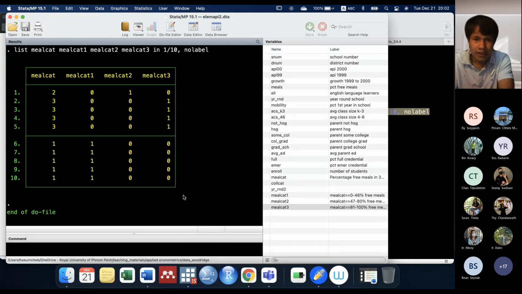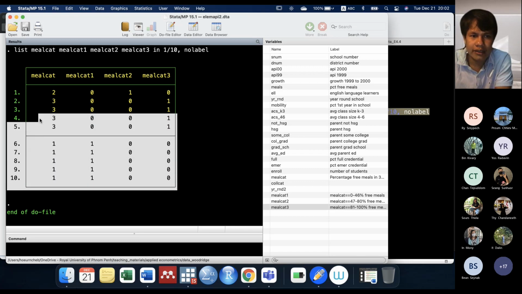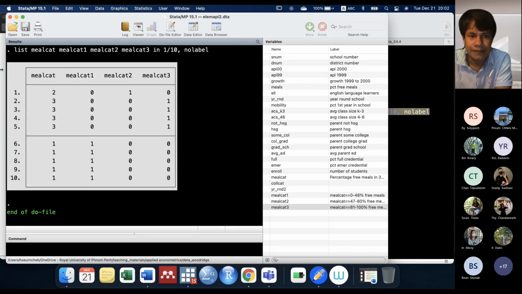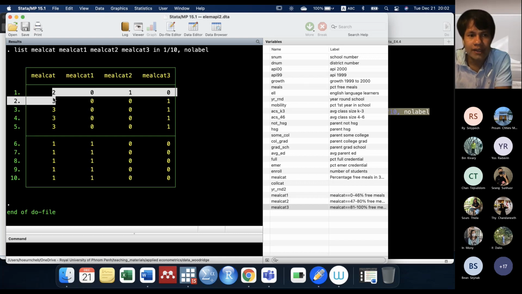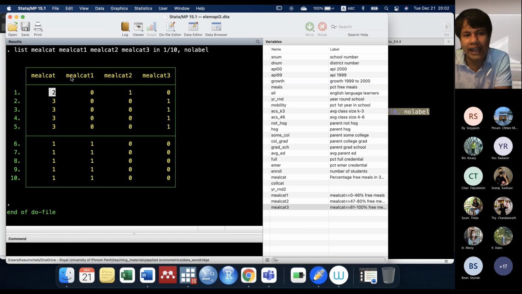From the first 10 observations, if you look at the original Meerkat variable, the first 10 respondents are 2, 3, 3, 1, 1. Now we have created 3 dummy variables with the command I showed you earlier. The first school falls into the second category, so the dummy for Meerkat 1 equals 0, Meerkat 2 equals 1, Meerkat 3 equals 0.